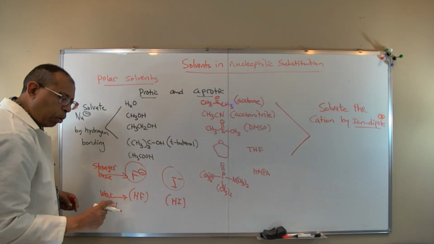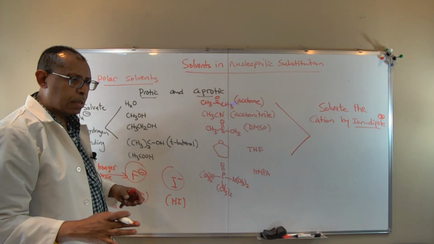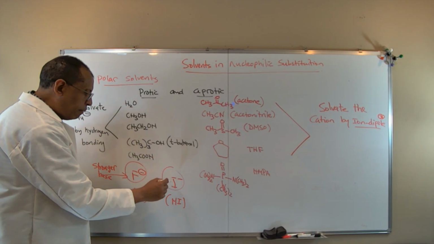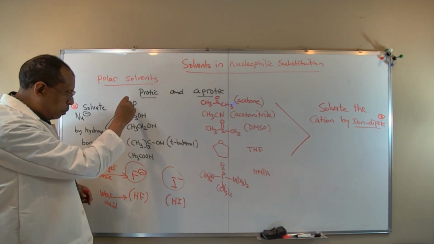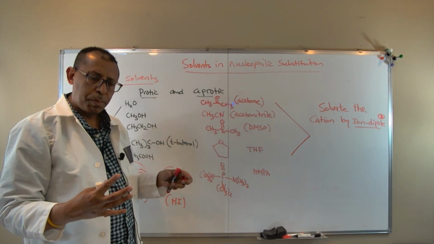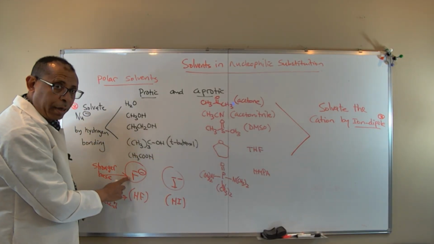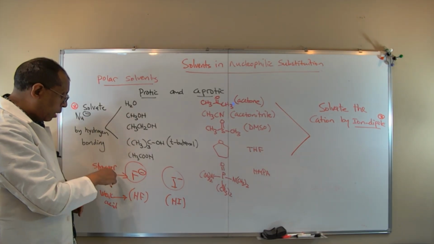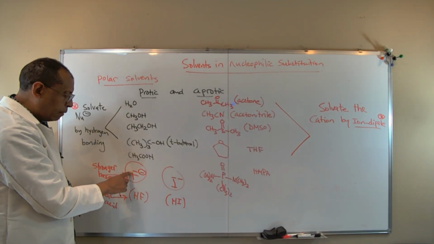In most cases, stronger bases are strong nucleophiles. But as I just mentioned, these solvents have a tendency to hydrogen bond with the nucleophile. Remember, protic solvents would solvate the fluoride.